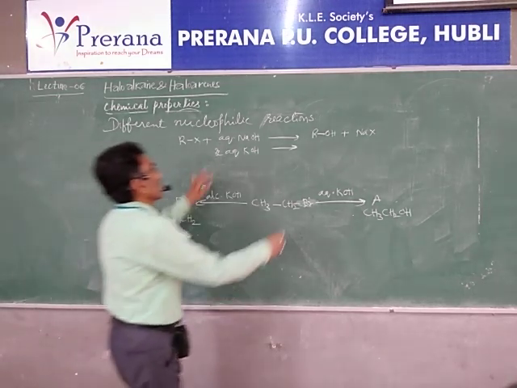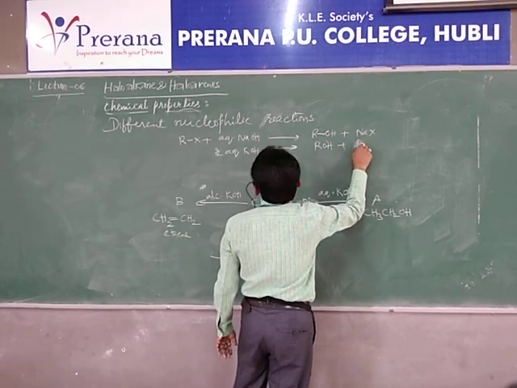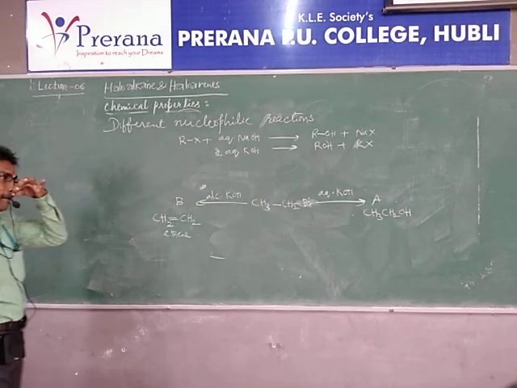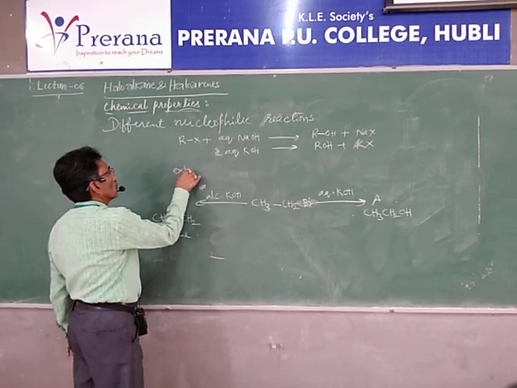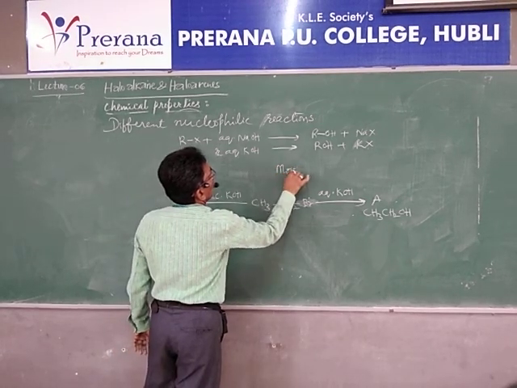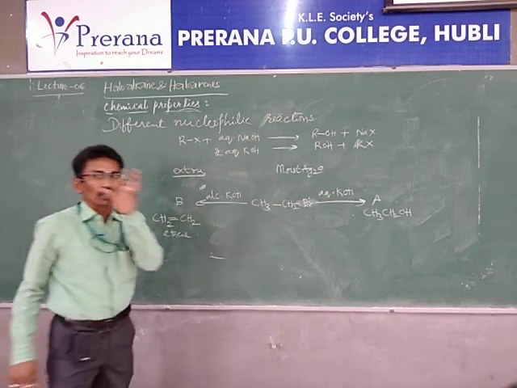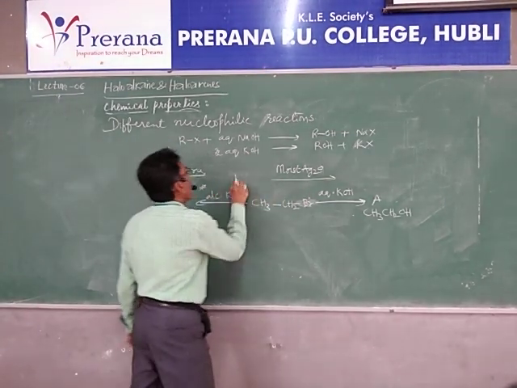Here also the second case, ROH alcohol plus KX. Sometimes this is an extra information to be taken. Moist silver oxide, with some moisture, is treated with alkyl halide.